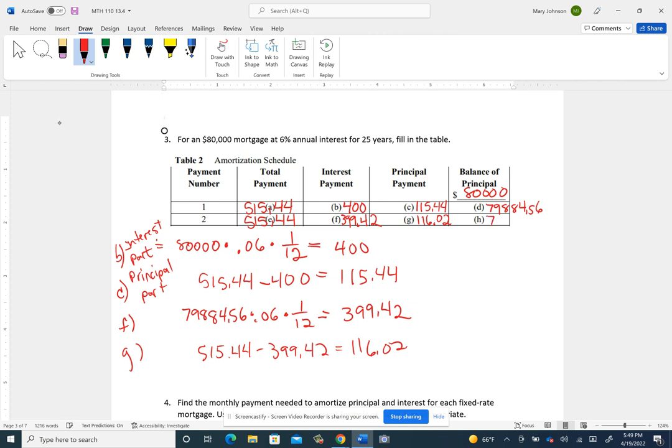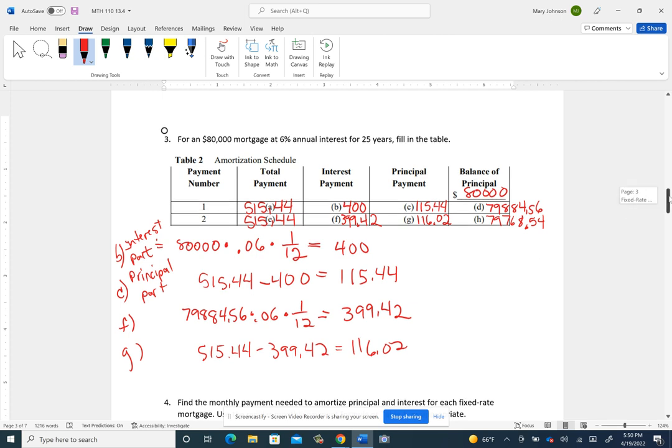So I now owe, after the second month, $79,768.54.